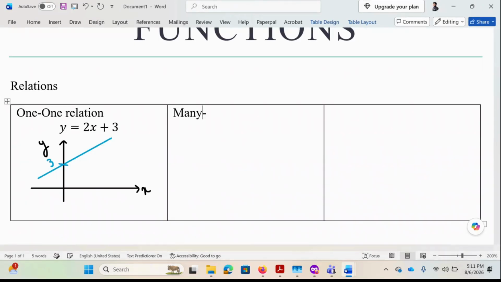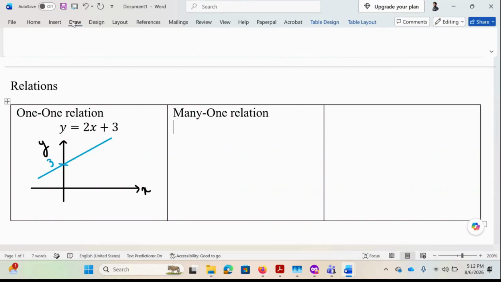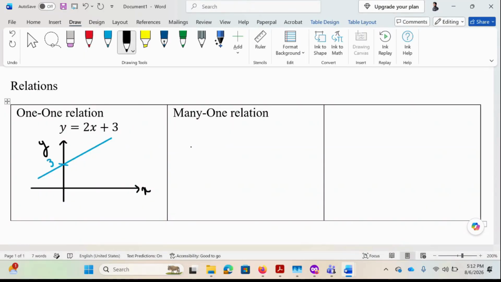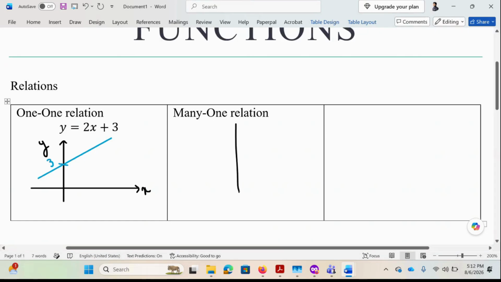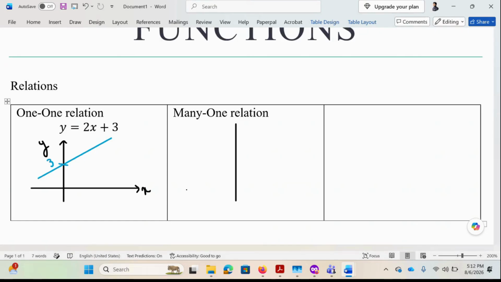Then comes the many-to-one relationship. And the example that we'll be doing in our syllabus are two. I'll be focusing on one for the instance, which is quadratic. Obviously, I'm taking very easy examples to help you understand.